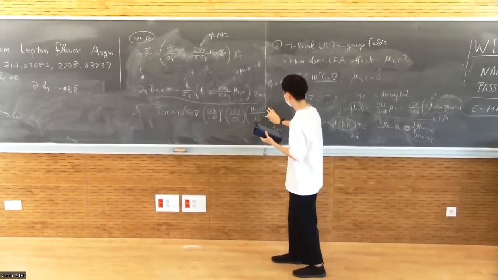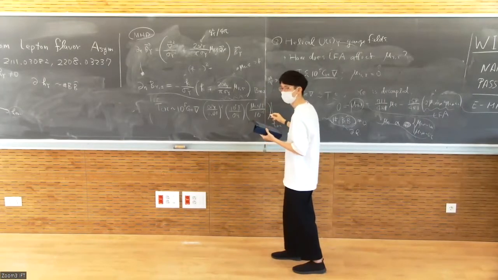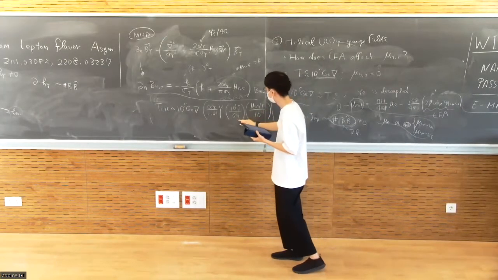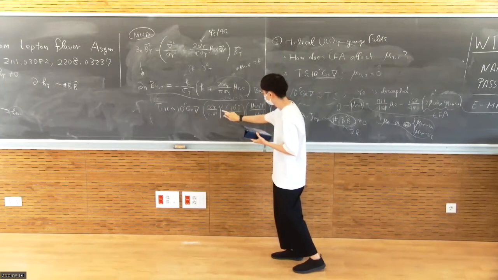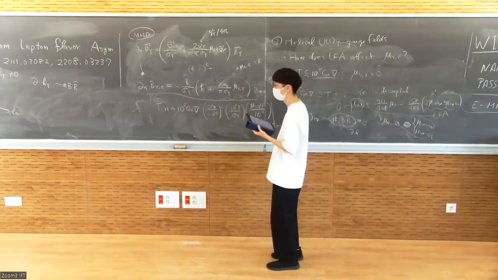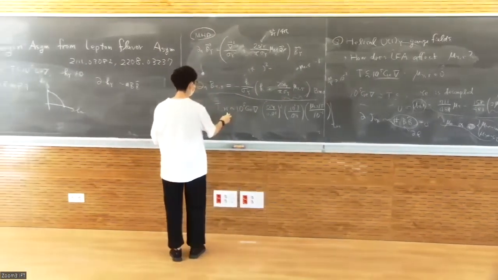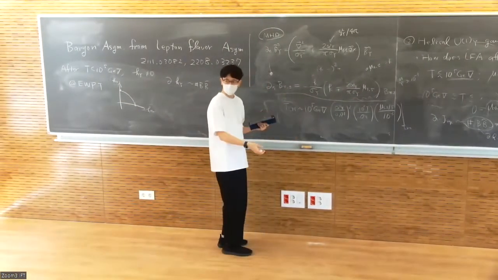So this mu over T should be larger than 10 to the minus 3. What is T_c? The first big T? It's when this happens for given mu.